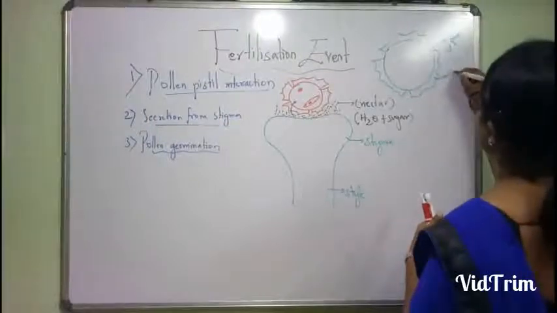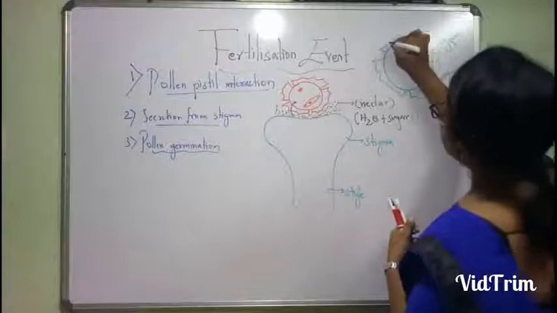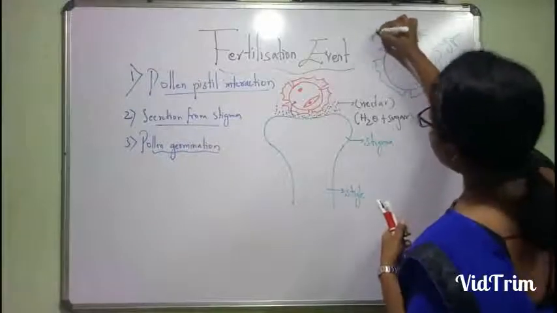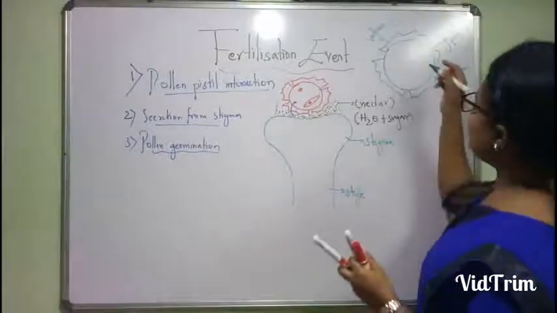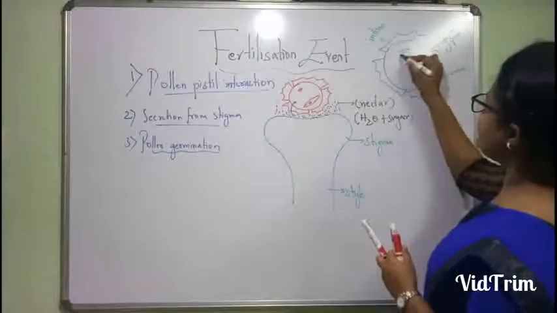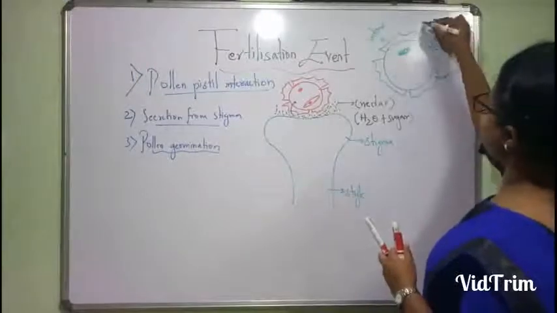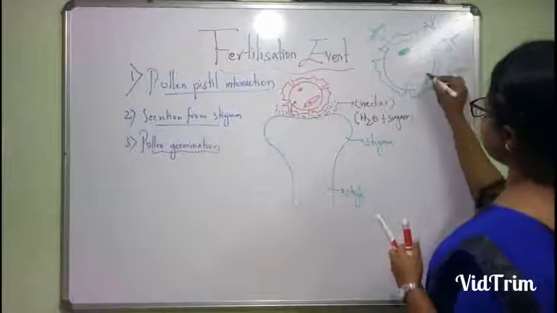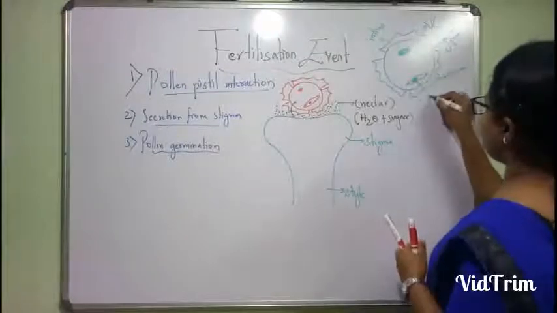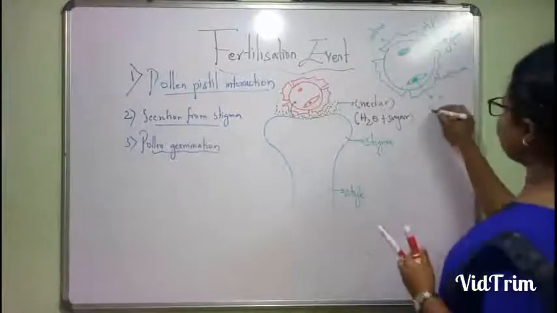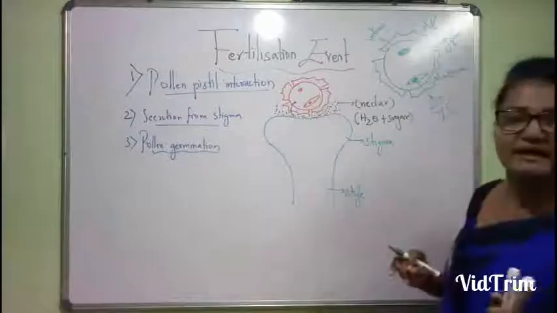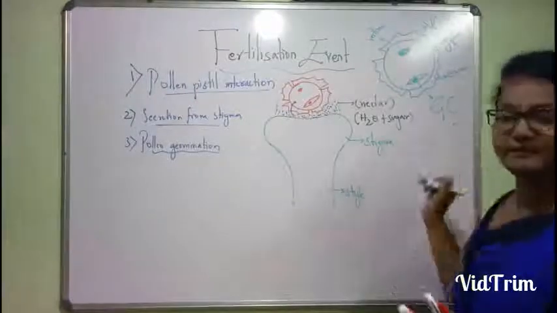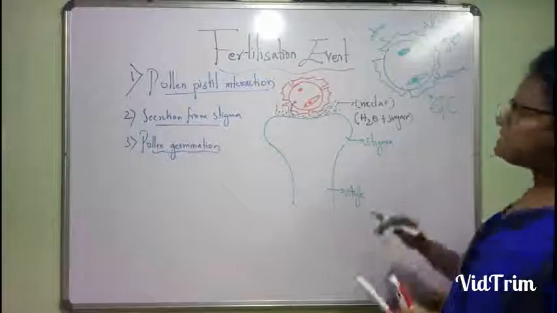This is our exine wall, the outer wall. This is the intine, the inner wall, and they contain the bigger cell, that is the vegetative cell, VC, and another spindle-shaped small tiny cell called the GC, the generative cell.